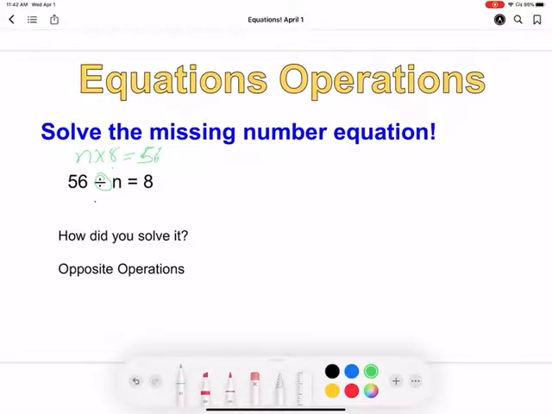Now, I could count it by n's, but then it gets weird because it'd be like n, n, n. That doesn't make sense. Instead, we're going to count it by 8, and we have to stop at 56. I'm going to simply keep count. I'm going to count it by 8s. 8, that's 1. And then 2, 3, 4, 5.